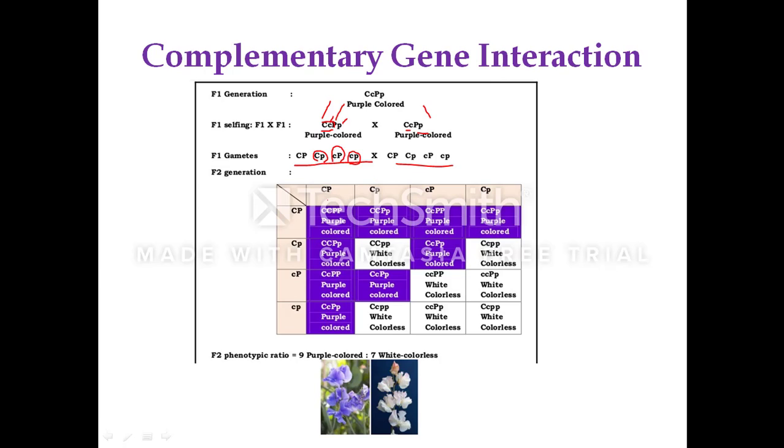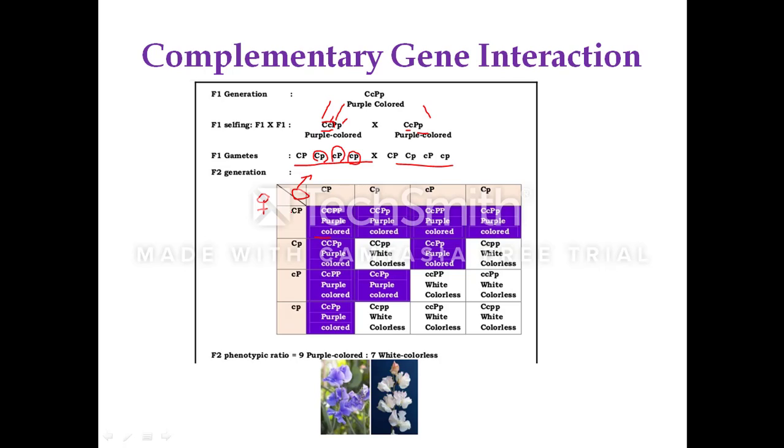The fusion of the gametes was represented on the Punnett square. One plant was considered as male and its gametes were represented on the top, and the other was considered female and represented on the side. When the capital C, capital P gamete fuses with the capital C, capital P gamete, it results in capital CC, capital PP, and the phenotype was purple.